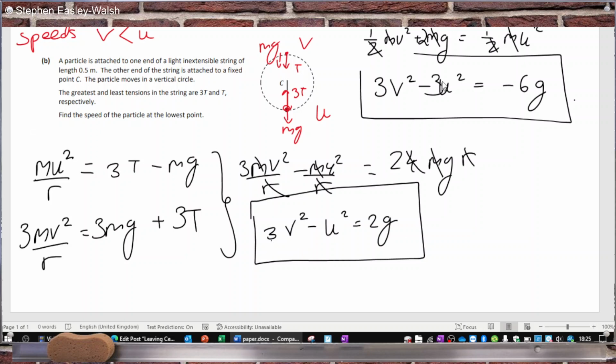Minus u squared minus 3u squared is 2u squared. And 2g minus 6g is 8g. So I get u is 4g with a root. So that's going to be u is 2 root g.